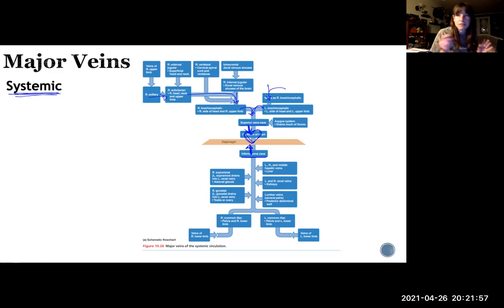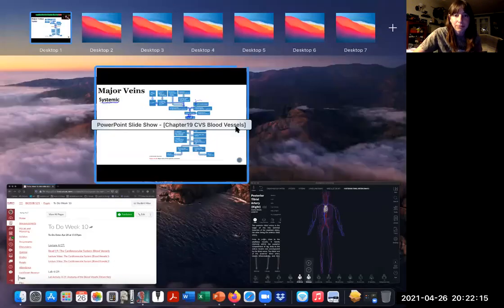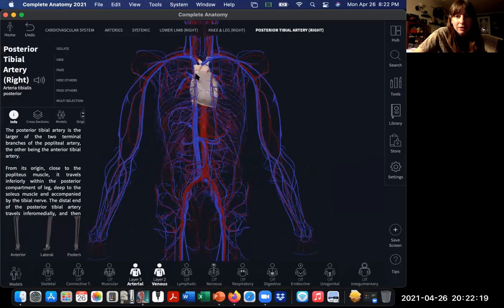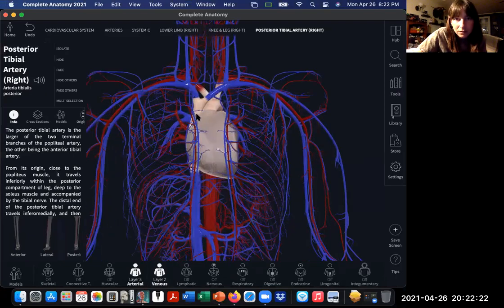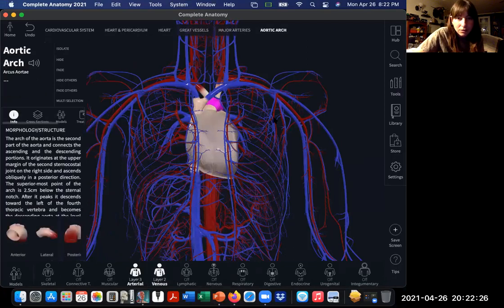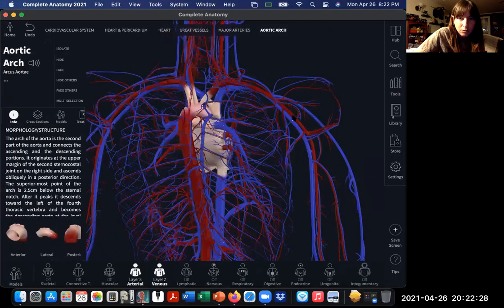The axillary comes from the brachial vein, which comes from the convergence of the radial vein and the ulnar vein, okay? So they still run alongside their arteries and are very similar to the arteries, okay? Check it out. So just like we had our aorta with those three trunks coming out, right?